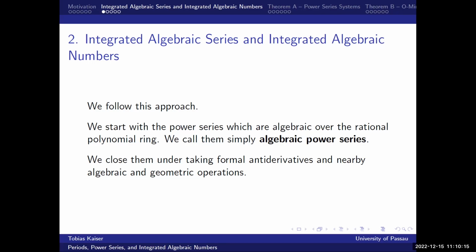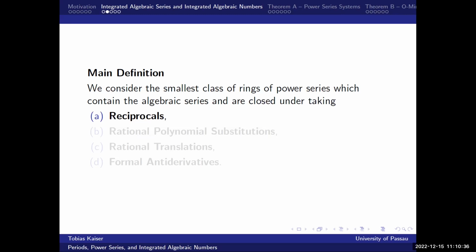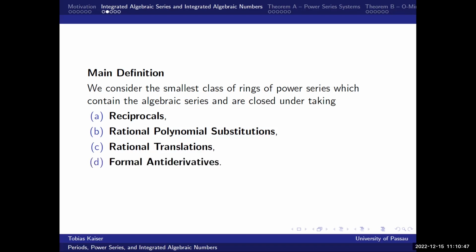What do I mean? Main definition here. We consider the smallest class of rings of power series which contain the algebraic series and are closed under taking reciprocals, rational polynomial substitutions, rational translations, and formal antiderivatives.